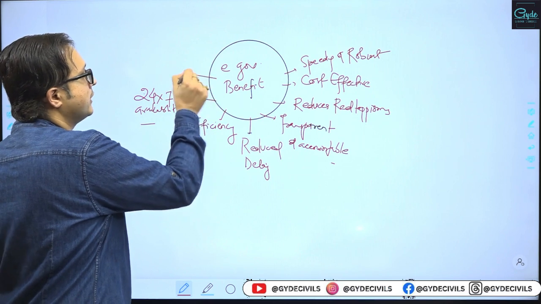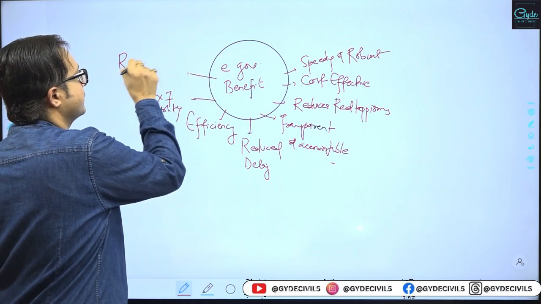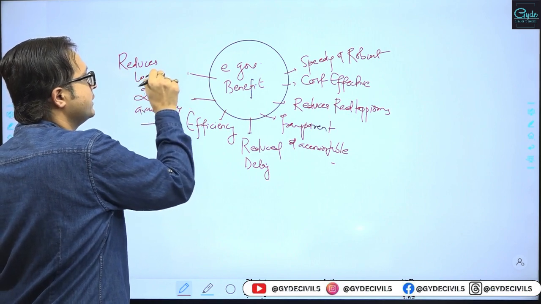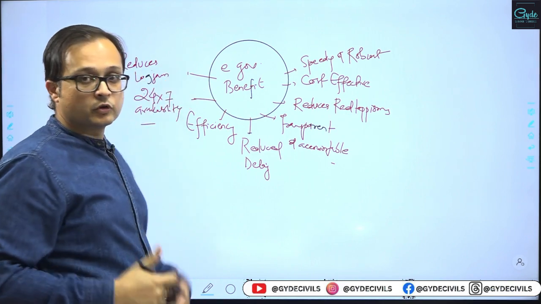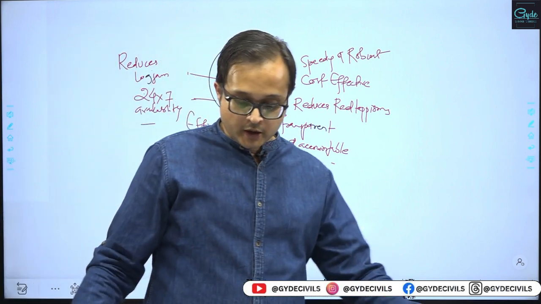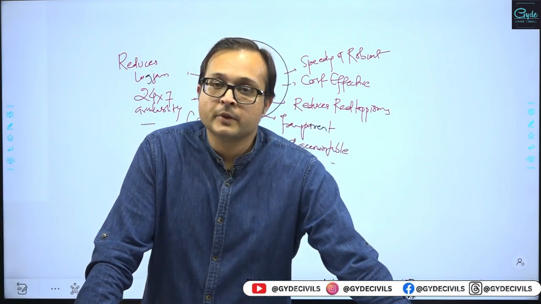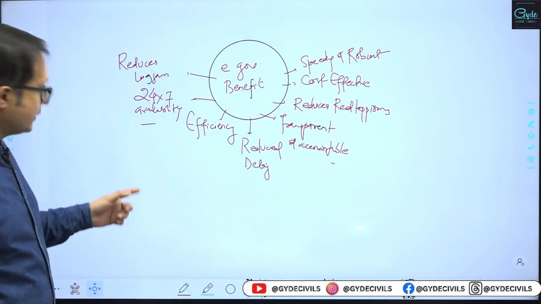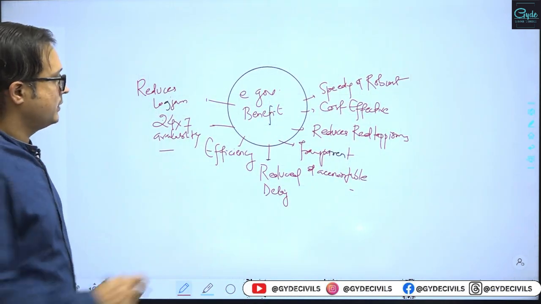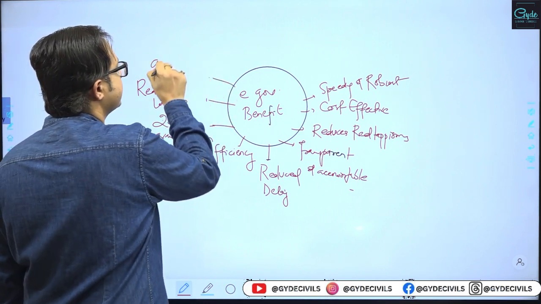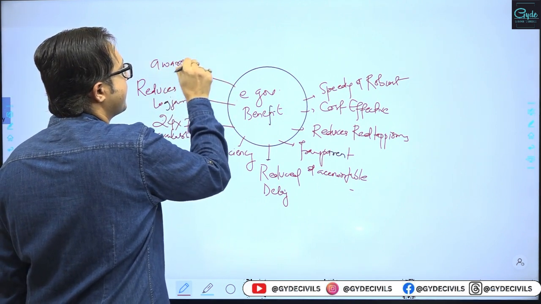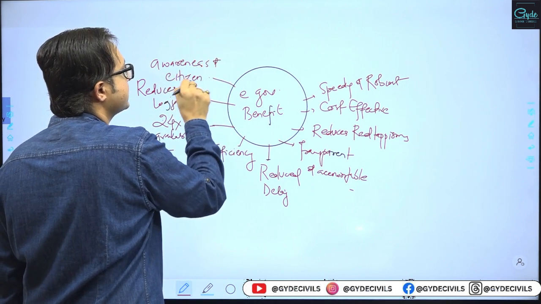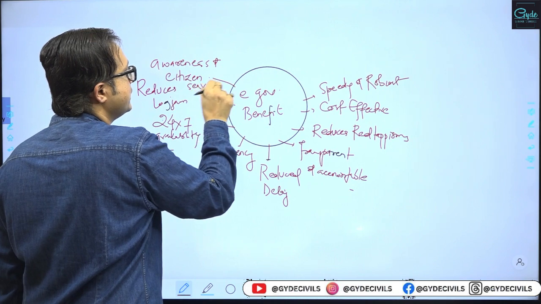Any kind of governmental logjam or bottleneck that we have in government and governance can also be reduced in the case of e-governance. The societal benefits that would be given: awareness and citizen services are also improved with the help of e-governance.